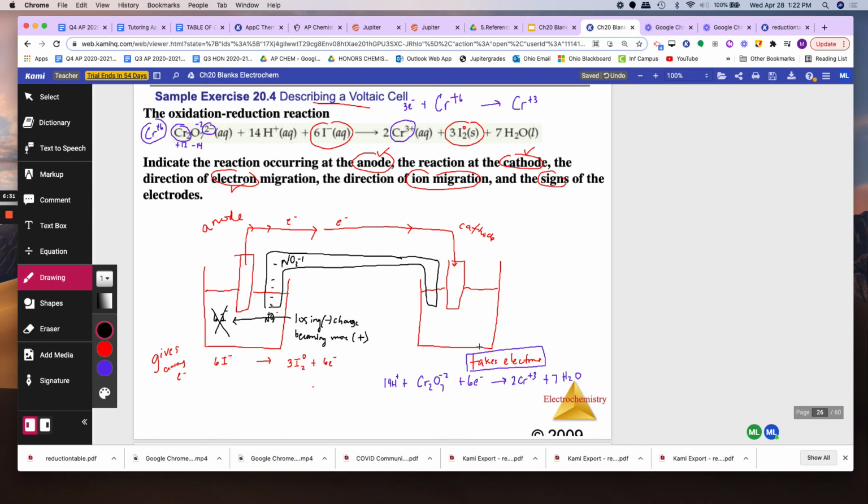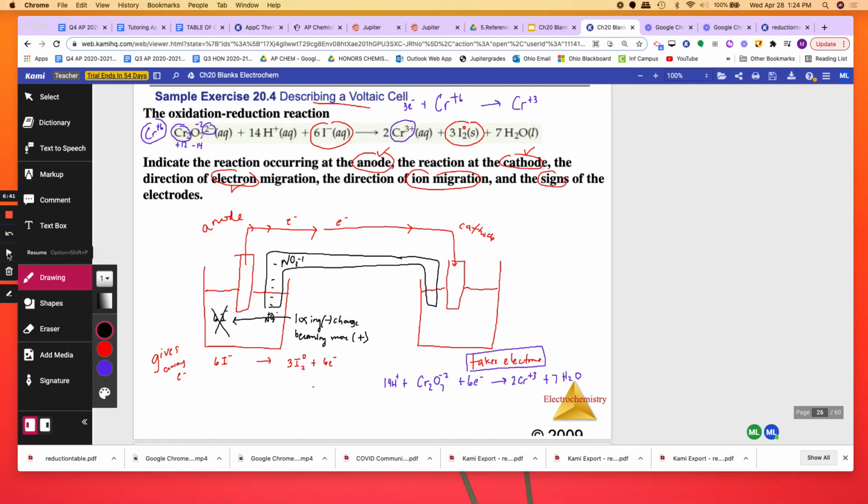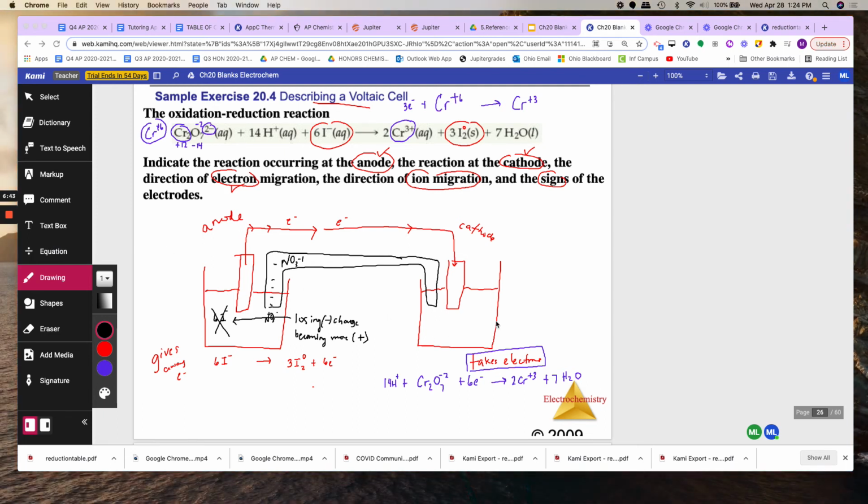Okay, so let's go over here. There are a couple of ways of thinking about what's happening in this beaker. The first one is it's taking in electrons. If it's taking in electrons, it's becoming more negative, right? Another way you can think about it is you can add up the charges.